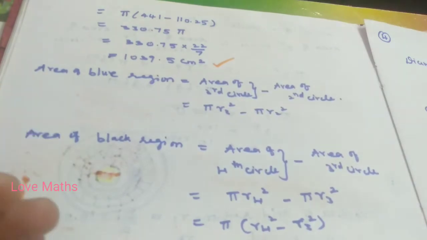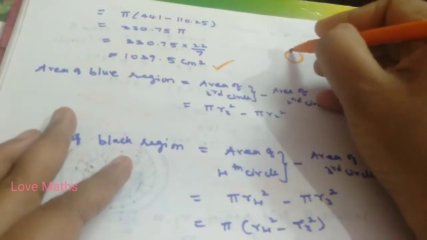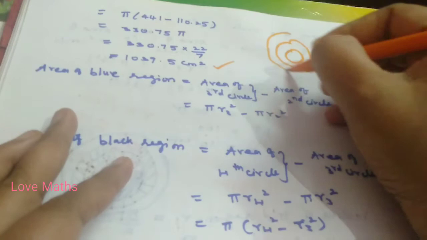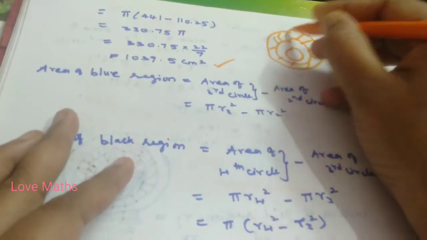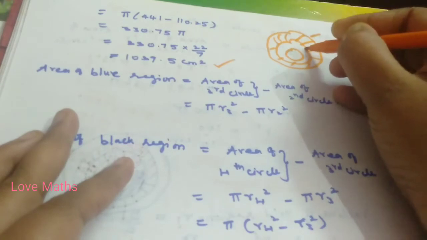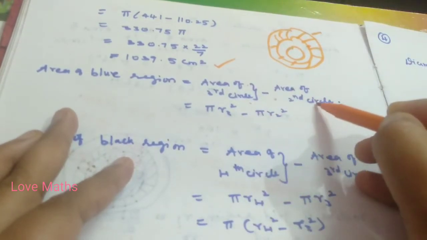Same you have to continue. If blue region, then the third circle, 1, 2, 3. This is the blue region. So I need this third circle subtracted from the second circle. So area of third circle minus area of second circle.